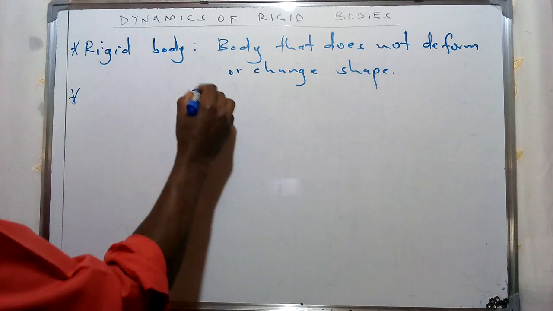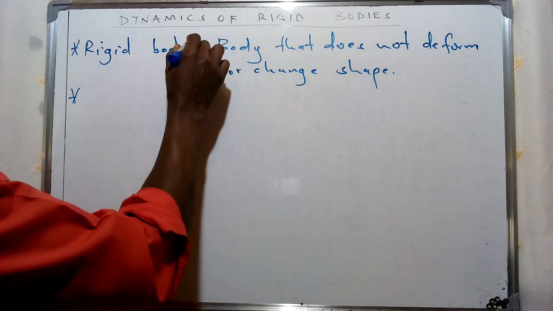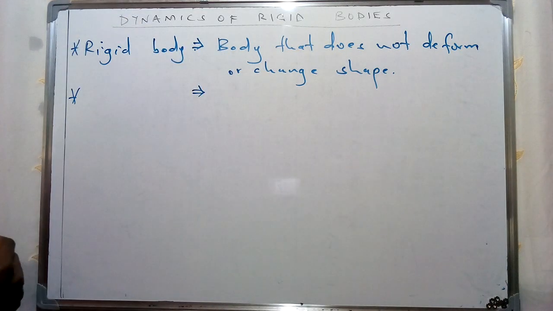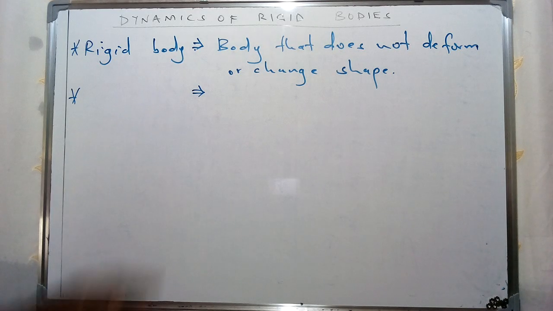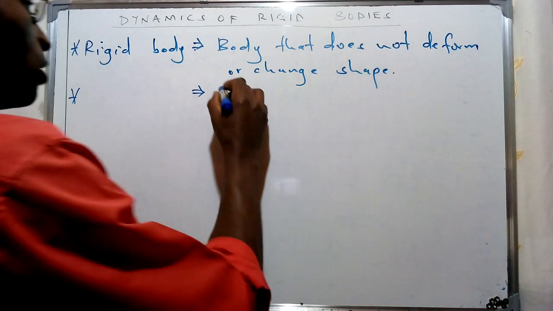In some other cases, apart from this review of a rigid body, we define the concept of a rigid body as a collection of particles.